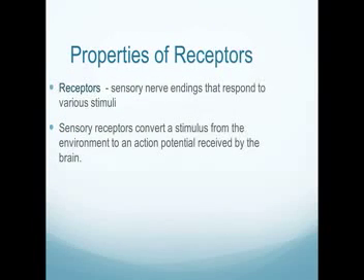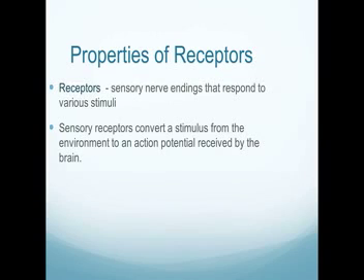All right, a couple of properties of receptors. First, these sensory receptors are going to be found throughout the body. They're going to be found pretty much everywhere, and that's very important to pick up stimulus all over the body. Now, obviously, the ones I just depicted for the sake of our lab are going to be specific to the sense we're talking about, but they all work in a relatively similar manner.